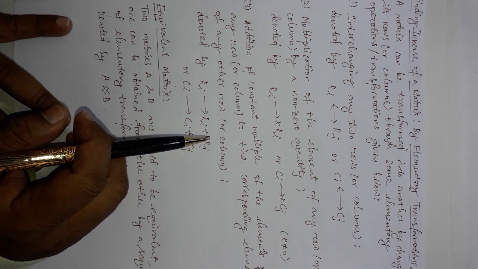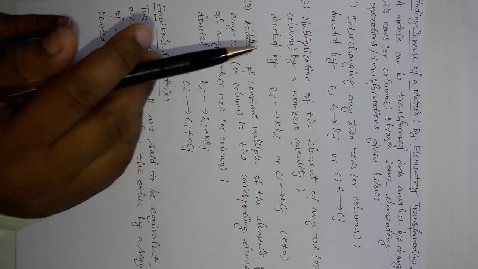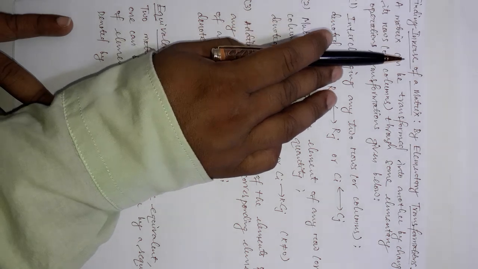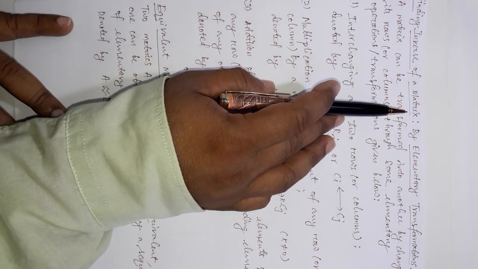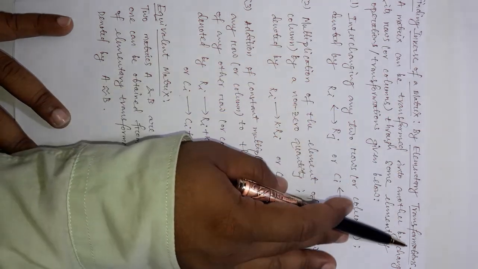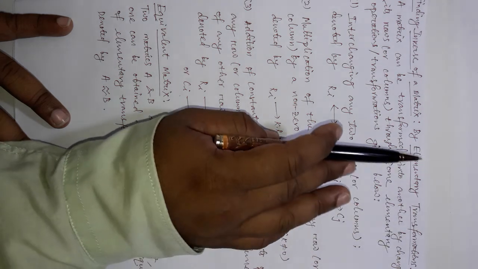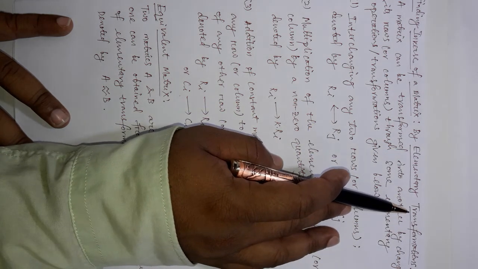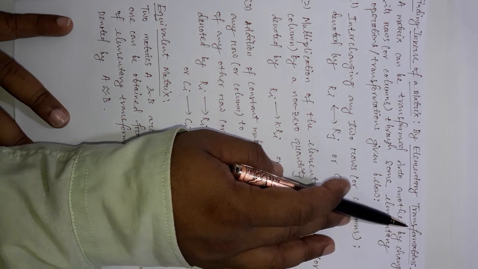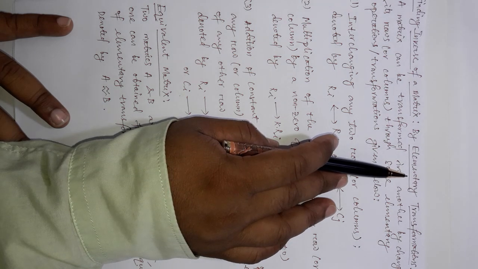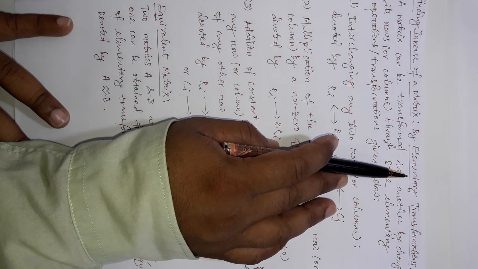Friends, today we are going to discuss finding the inverse of a square matrix by elementary transformations. Elementary transformation means change of form, elementary means element wise.